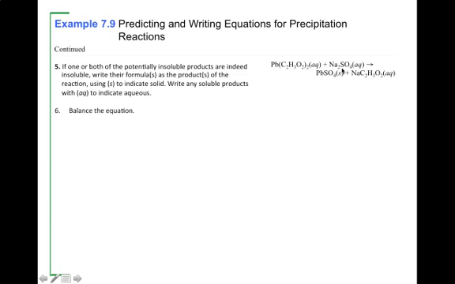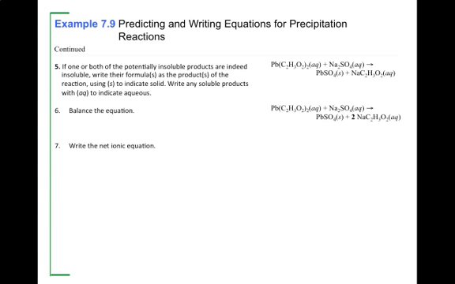Now then you want to balance the equation. So to balance the equation, you have to look at it and decide that you need a 2 right here because you need 2 sodiums, because you have 2 sodiums and you need 2 acetates. Now we're going to write the net ionic equation.